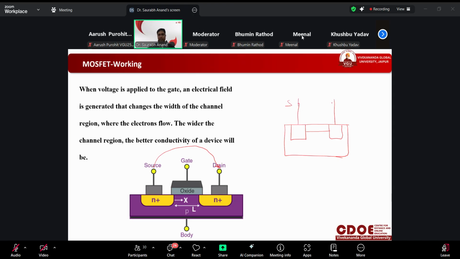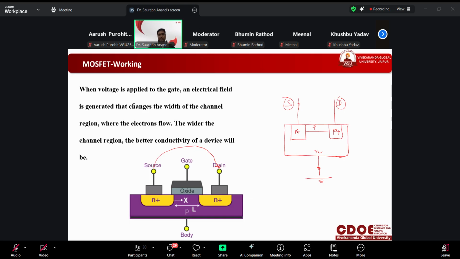This is source, this is drain. This is P type, this is P plus, this is P plus, then it will be of N type, right? So this should be grounded.